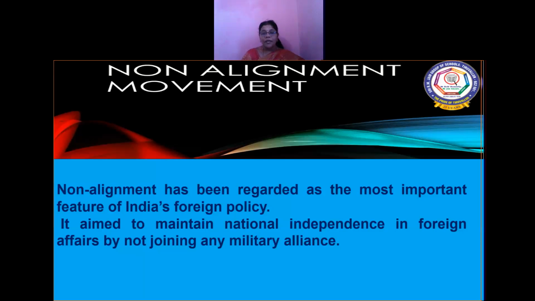The new nations that got independence after the long period of colonial struggle found themselves in a very difficult situation with respect to economic development.